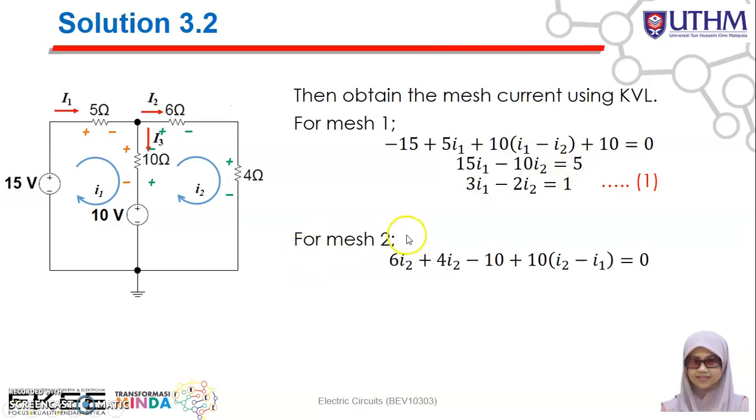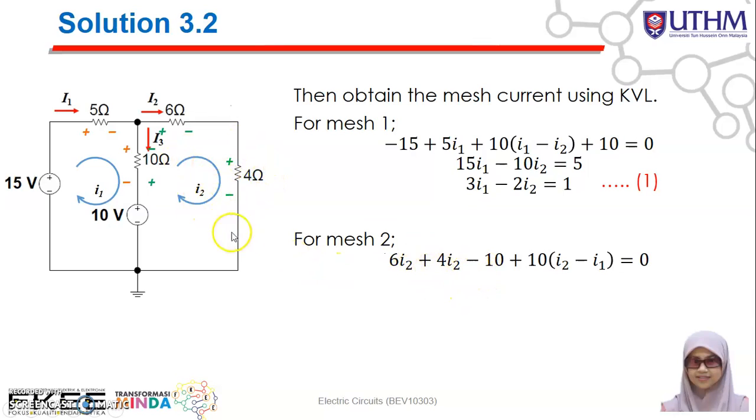And then we go to the second mesh. For the second mesh, we start from this point to here and end up here. The voltage across the 6 ohm is equal to 6I2. Remember, the equation will be based on the mesh current, not the branch current. So here you have 6 ohm multiplied with I2, plus 4I2, because the voltage across the 4 ohm is equal to 4 ohm multiplied with the mesh current I2.